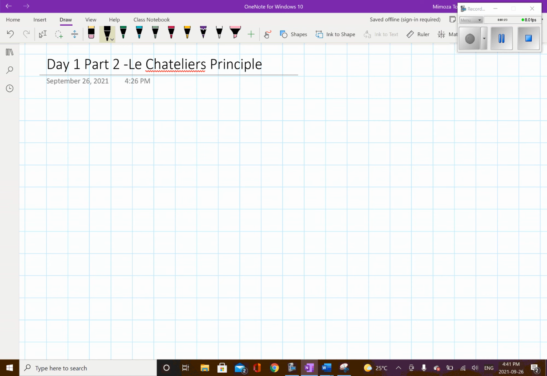When we say that the reaction is shifted to the right, what is happening in that case?